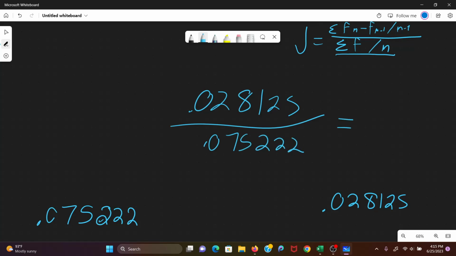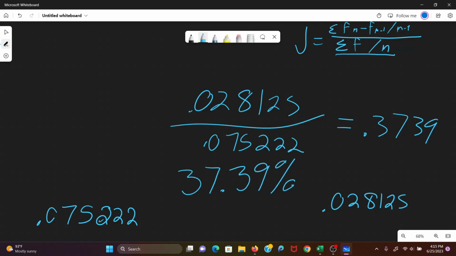That equals 0.3739. Multiply by 100 to get a percentage, which is 37.39%. Rounding is going to have a huge impact here, so anything in the high 30s, you got full credit for that.